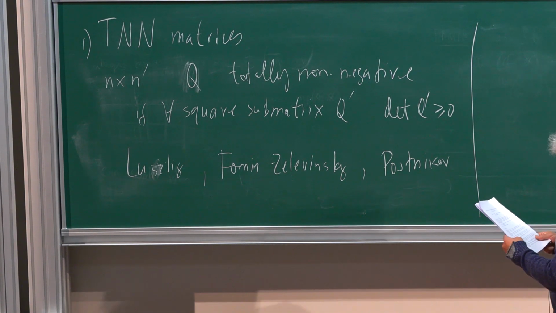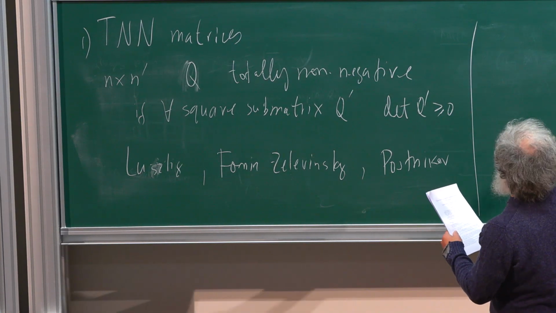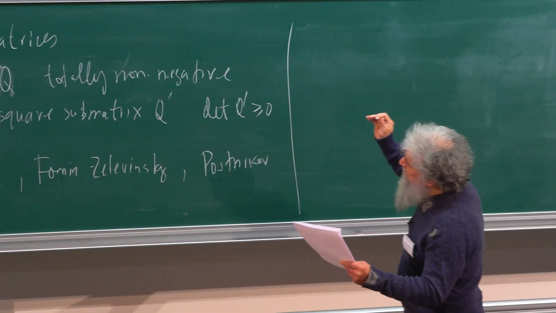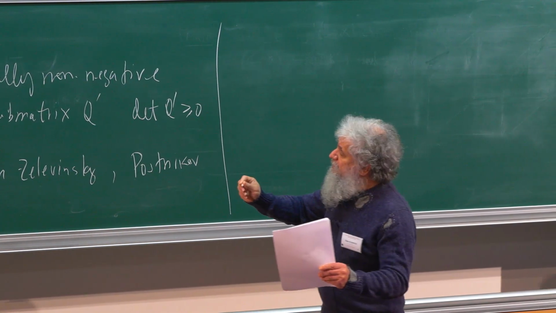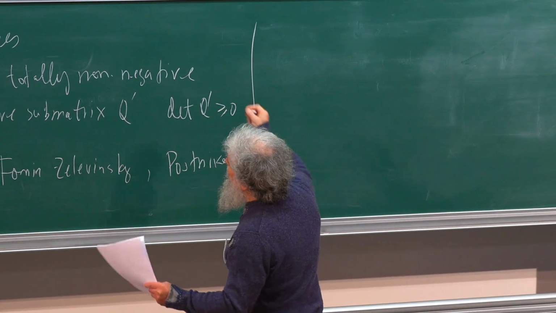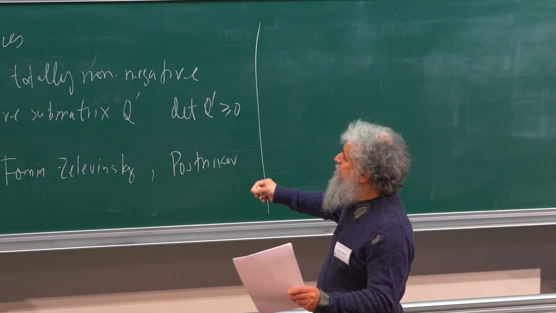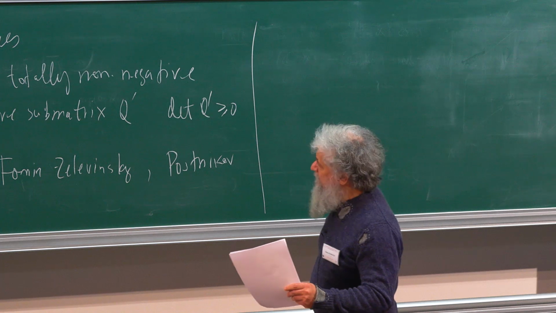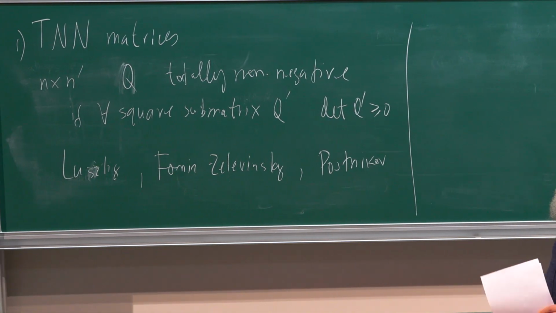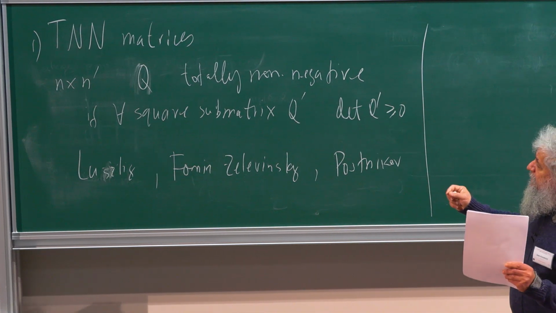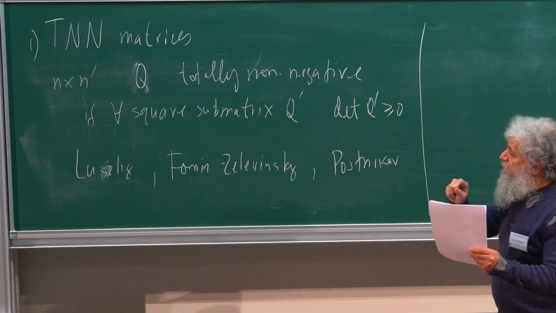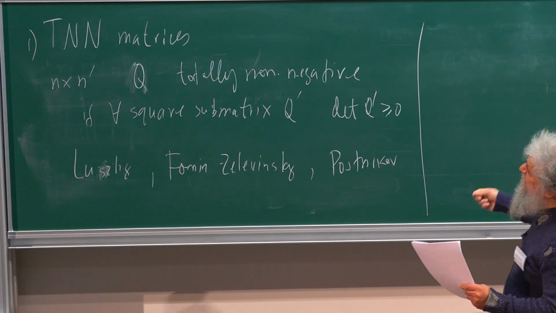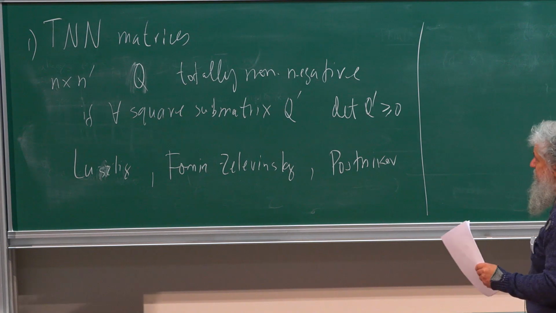That means we multiply two minors of some matrix, where a minor is the determinant of a square submatrix. We take some square submatrices, consider the product of two determinants, and ask when such an expression is non-negative.